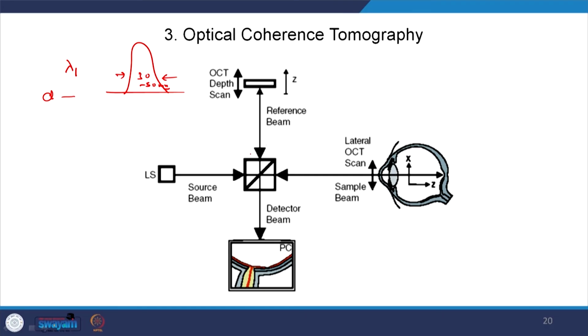Then you can do imaging using this technique. For each lambda you can have a depth scan. This way you can have a scan a few microns inside the thickness of the skin. Okay. So, that is what is called tomography, optical coherence tomography.